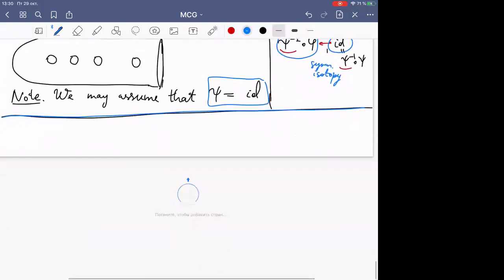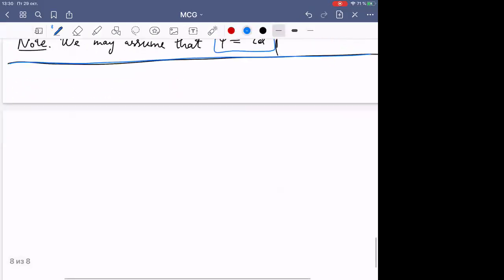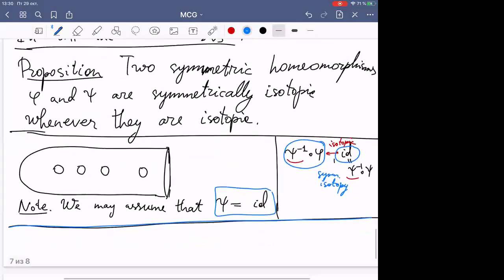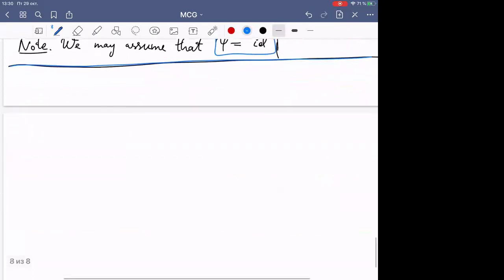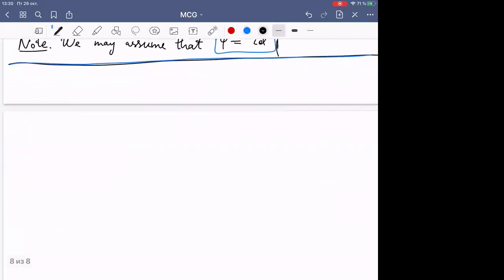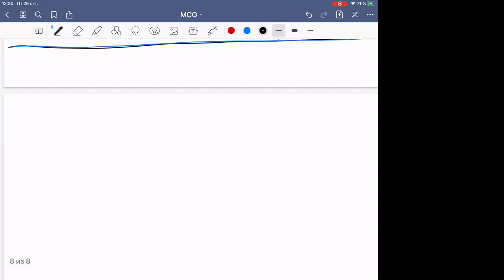Well, actually, there are several proofs of this proposition. I will describe a proof from the book. There is a very good book, Farb and Margalit, A Primer on Mapping Class Groups.